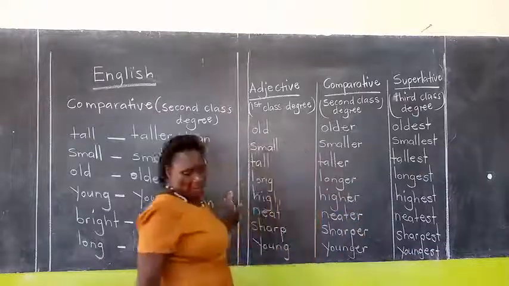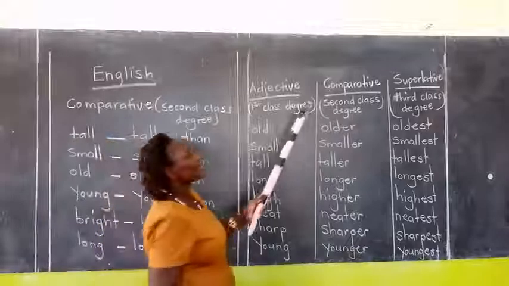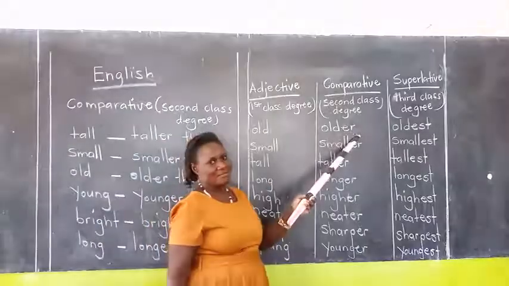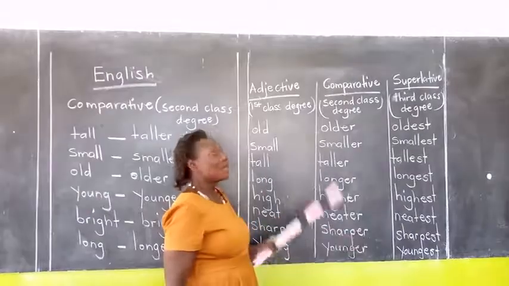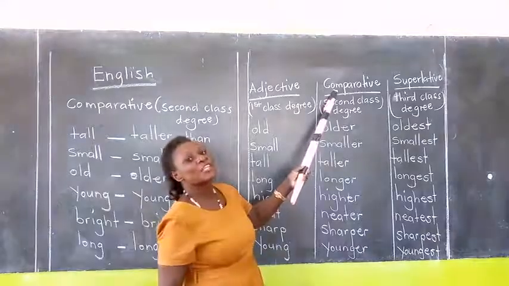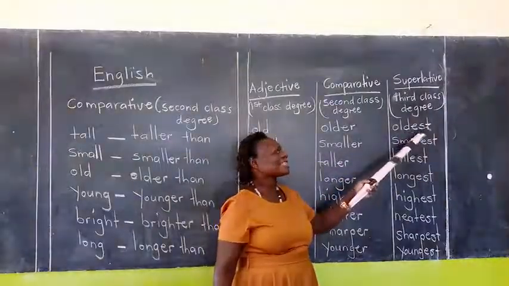In simple terms, with the second class degree, that is the comparative, we add ER. And with the superlative, the third class degree, we add EST.